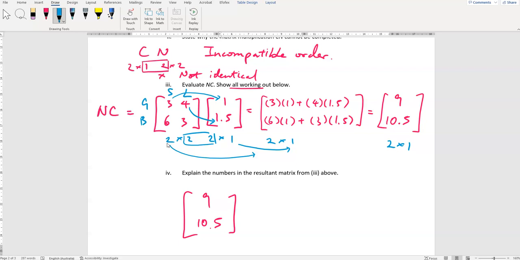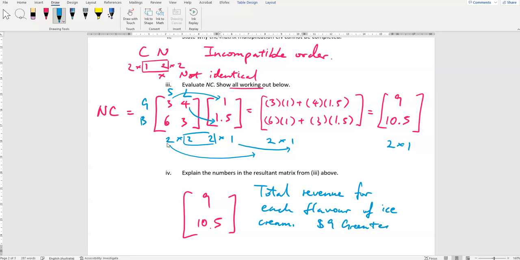So this is actually the total revenue for each flavour of ice cream. Right? $9 for green tea and $10.50 for black. How do you spell sesame? Sesame.